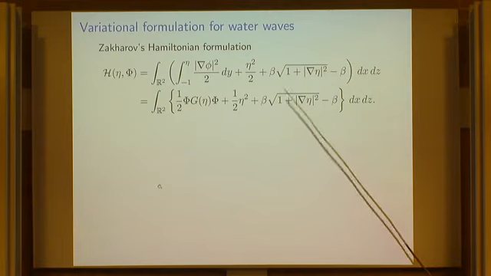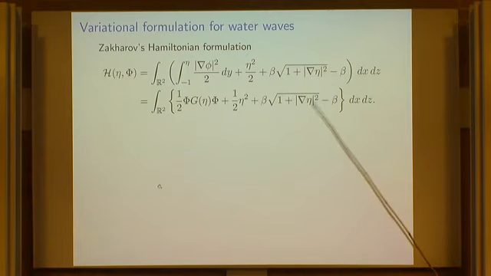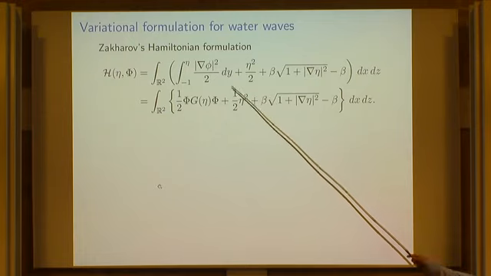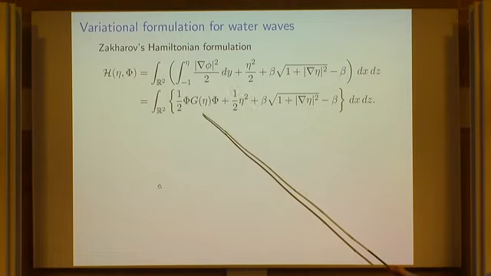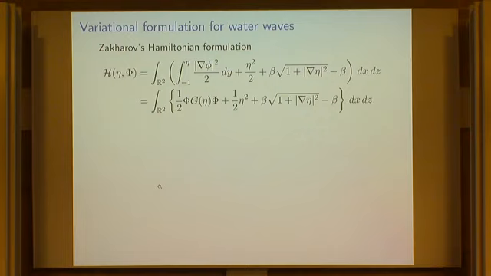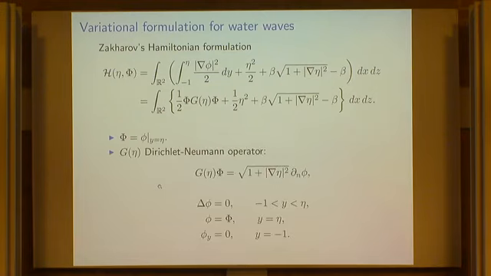So there is this very nice trick of instead looking at the restriction of phi to the surface and expressing this Dirichlet integral using the Dirichlet-Neumann operator instead. So big phi is now just a function of two variables, and G of eta is the Dirichlet-Neumann operator.